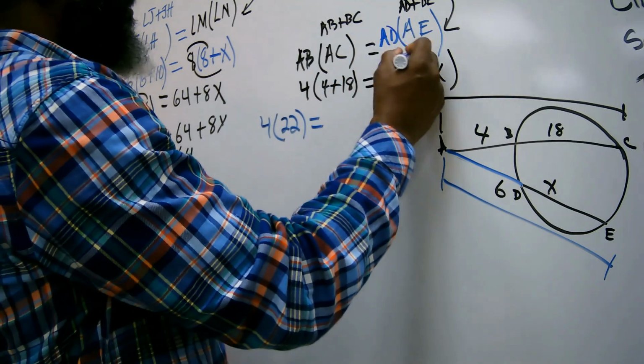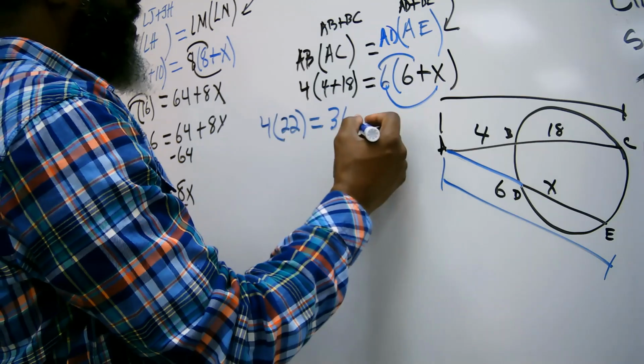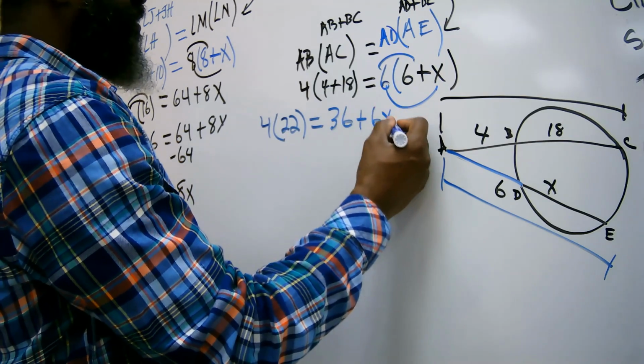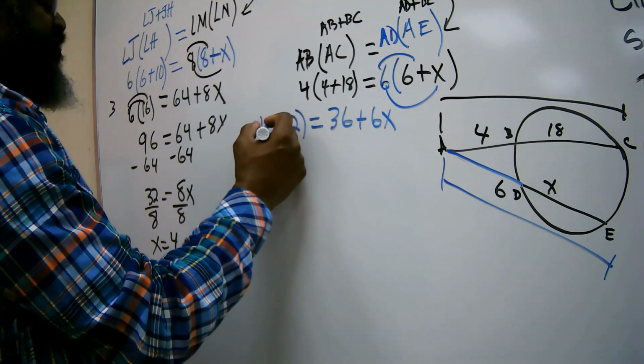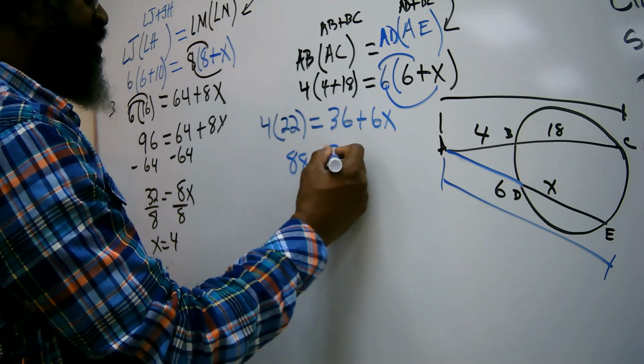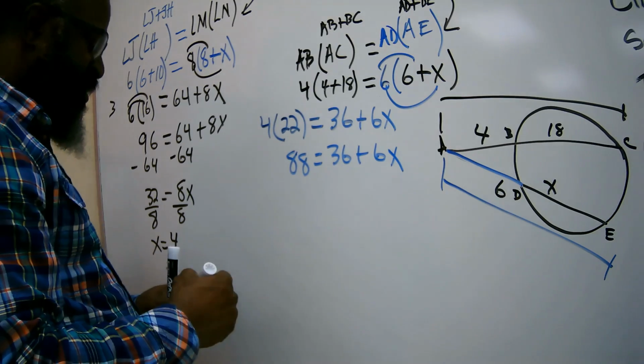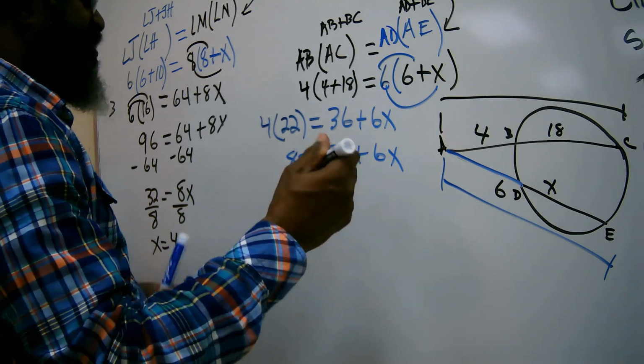is equal, distribute the 6 times 6 is 36, and 6 times x is 6x. Now you multiply that, 4 times 22 is 88, is equal to 36 plus 6x. In this case, you subtract 36 from each side.